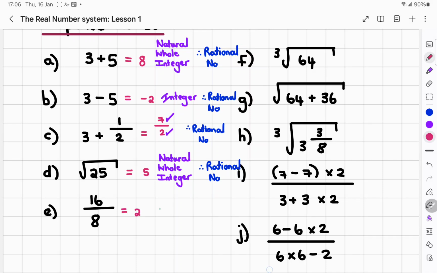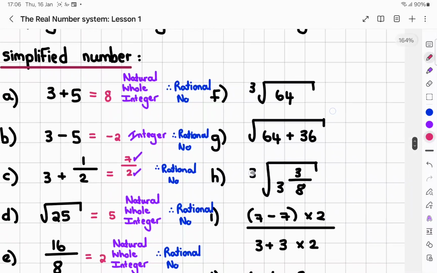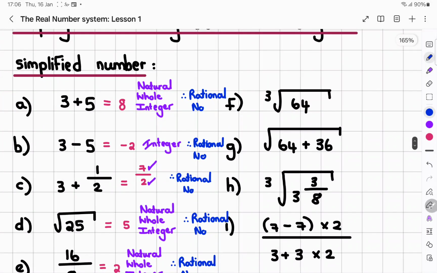If you simplify that, it gives you 2, which means it's a natural, whole, and an integer. Okay, the cube root of 64. First, we need to simplify, and that would give you 4, and 4 is a natural, whole, integer, which makes it a rational number.